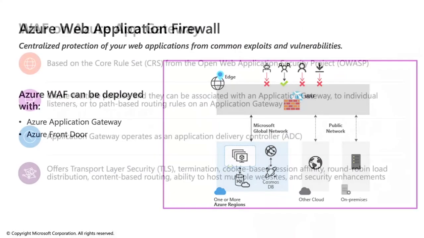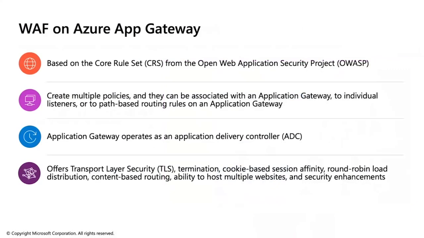Now, what do we have next? When we talk about WAF on Azure Application Gateway, it is based on the core rule set from OWASP, and this will protect your organization.